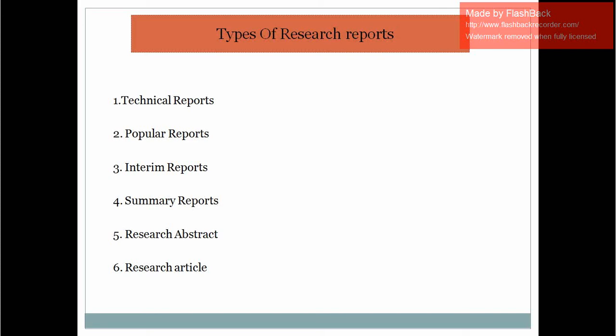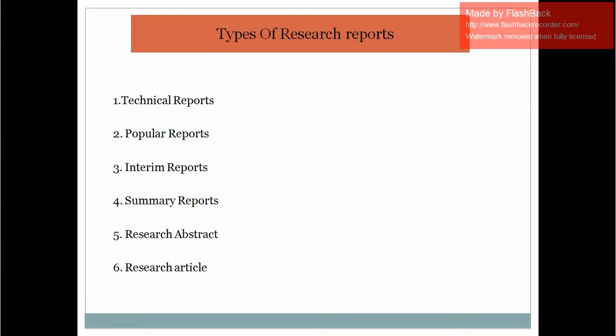Once you're clear with this technical report, we'll move to the next type of report, that is the popular report. This type of report is designed for the audience of executives or administrators and other non-technical users. The reader is less concerned with the methodological details, like what procedure the researcher has followed.